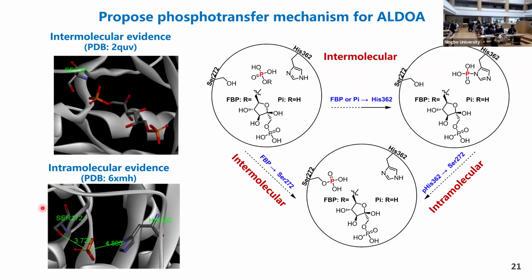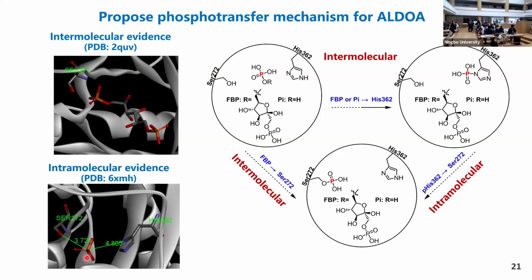And we're also lucky there is another PDB entry. We can see there is a phosphate group, and nearby there's a serine and histidine, and both of these two amino acids can form a chemical bond with this phosphate.